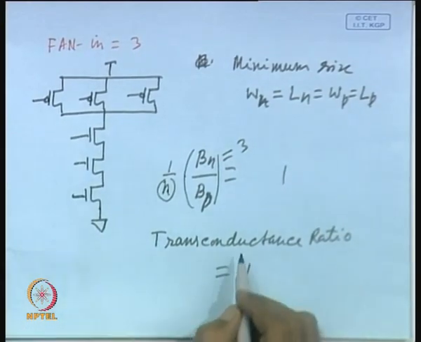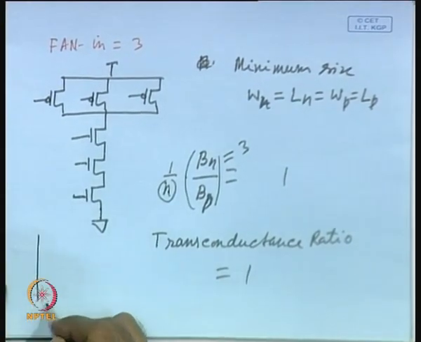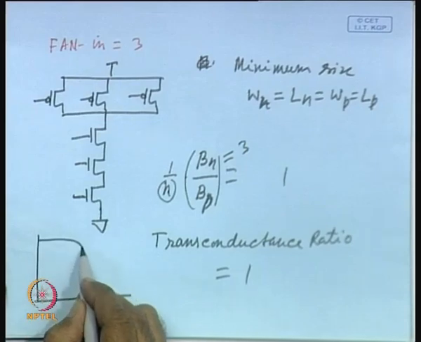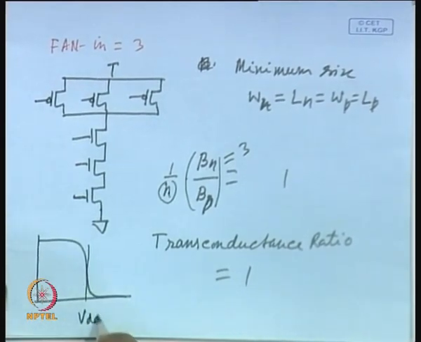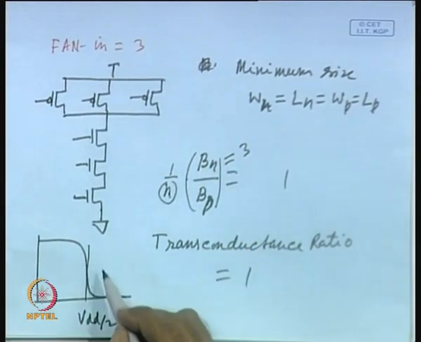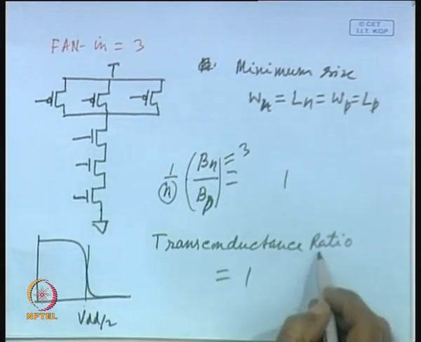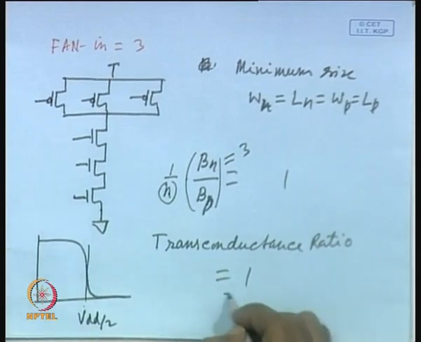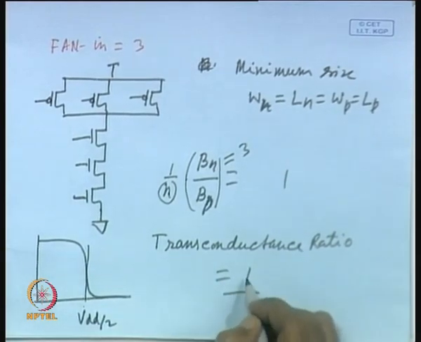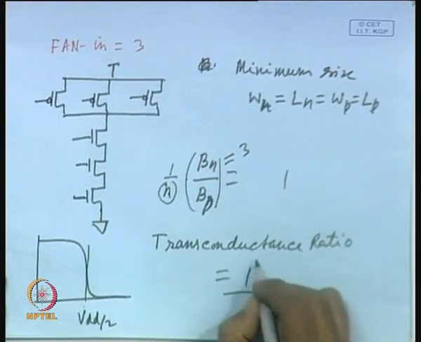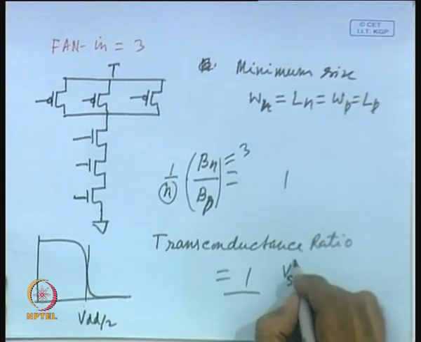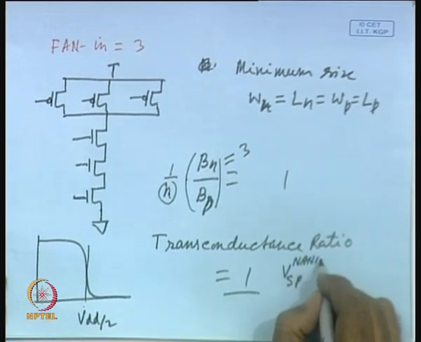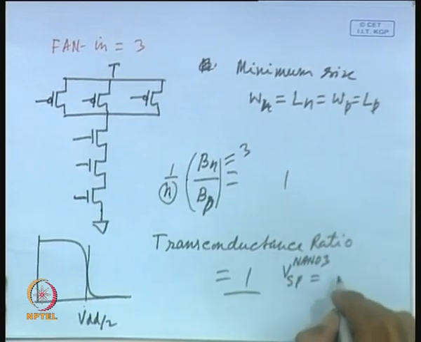So, for a 3-input NAND gate, the switching point will be exactly at VDD by 2, because the equivalent beta n by beta p transconductance ratio is equal to 1. We know that when this is 1, then VSP for the NAND3 will be equal to VDD by 2.